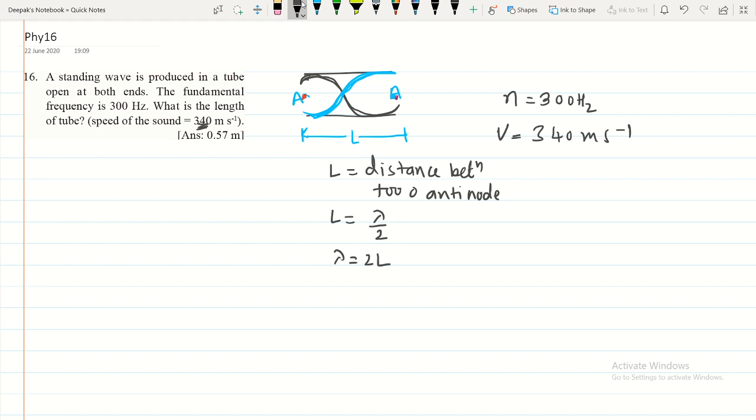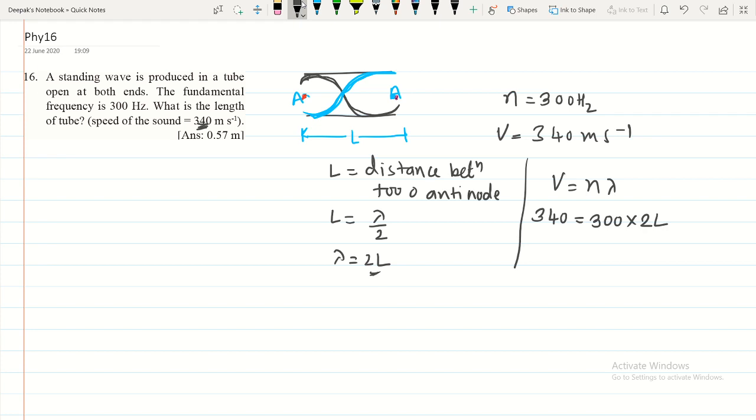Now we have the formula v equals n lambda, right? v is 340 meter per second, it will be as it is. n is 300, multiplied by the value of lambda, which is twice L, right?